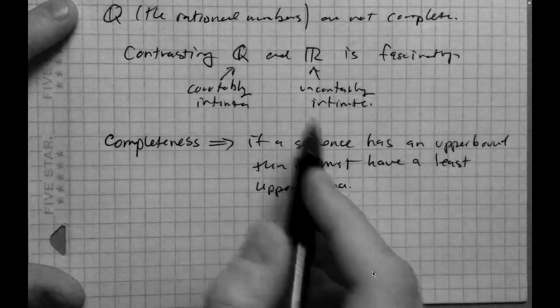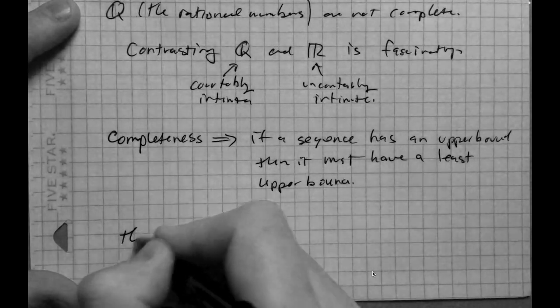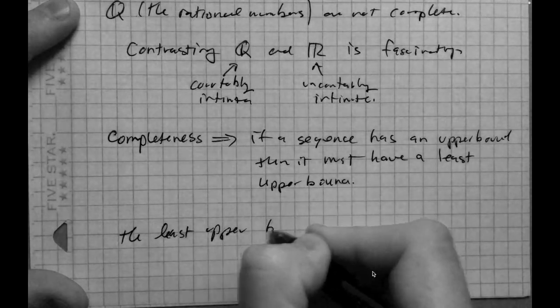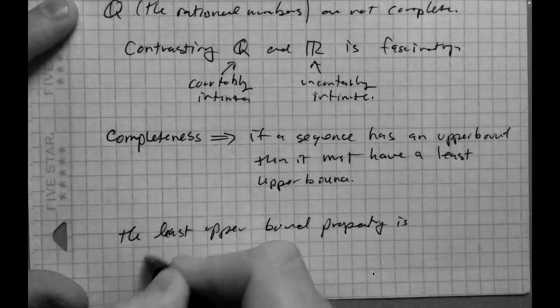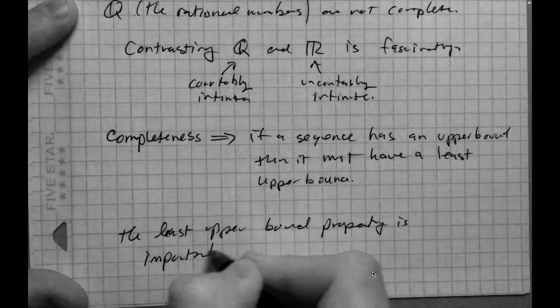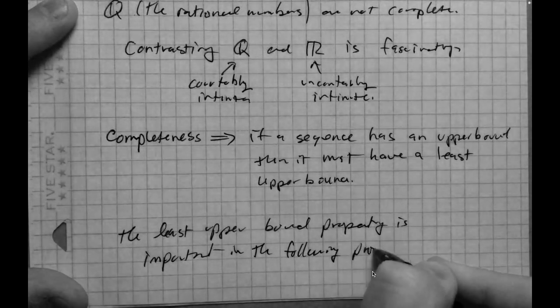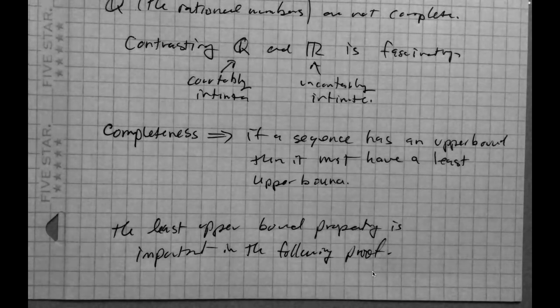Okay? And that idea of a least upper bound is an important idea in analysis, and we're going to use it in the following proof as well. So the least upper bound property is important in the following proof. As I said, this is a key concept of real analysis, one you pick up on the first week of the course, you dig into it in detail, and it's used everywhere in analysis.